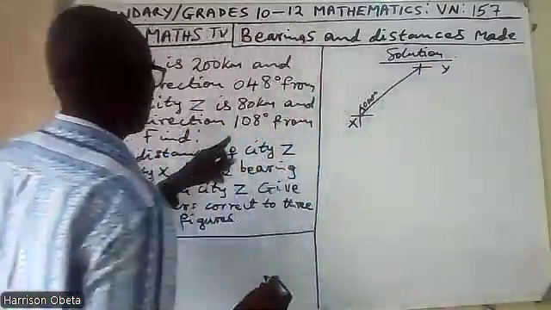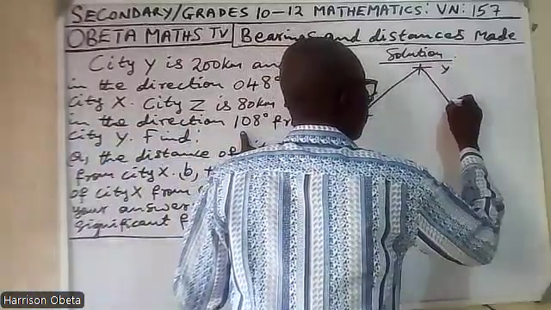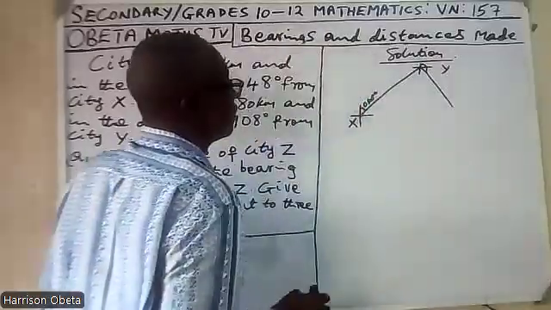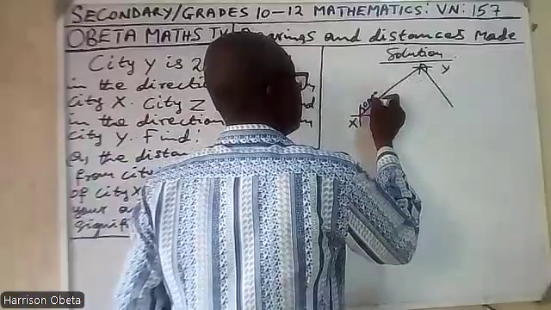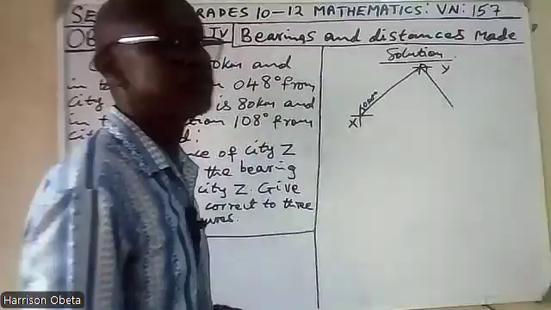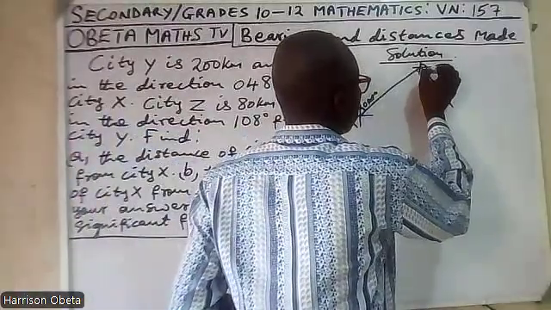The other one, 108 degrees. Because 108 is this. So remember, since this is 48, this is also 48. Alternate angles. And then from here to here is 108.